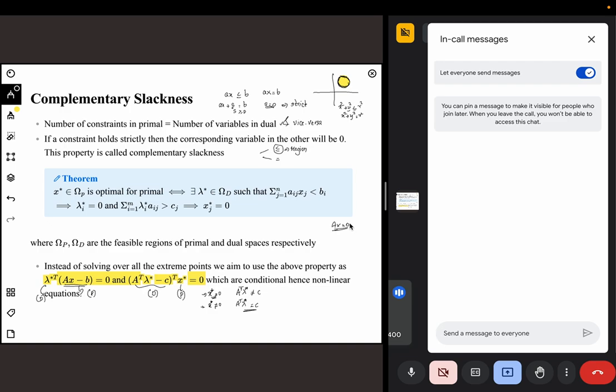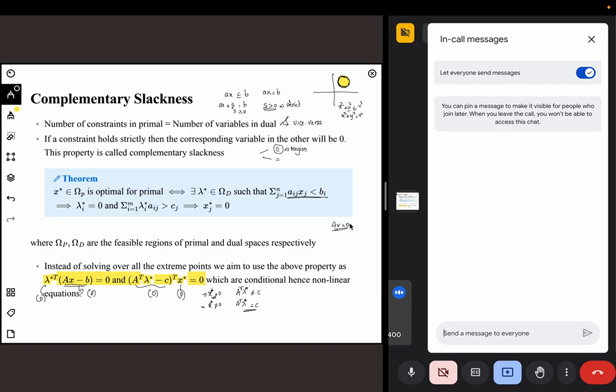Is this clear up until here? Complementary slackness, all it says is, if a constraint holds strictly, that is, if we say that it is strictly less than 0, there is no equality, the constraint is not tightly satisfied, or in other words, there is some slack that is left. Okay, I think I might have said something wrong before. Sorry. This is strictly greater than 0 is what we call strict.